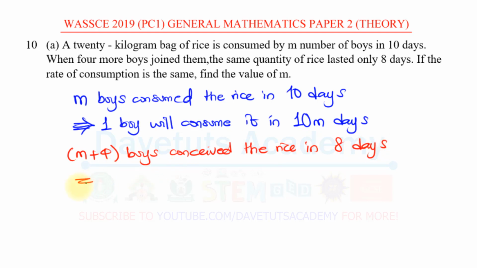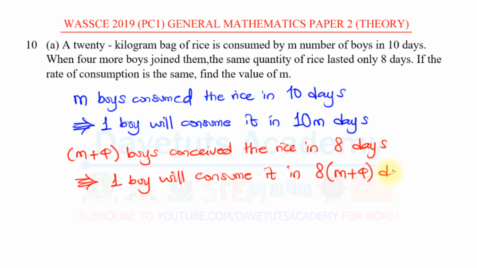And that inherently means that the 1 boy will consume it in 8 multiplied by M plus 4 days. It is this ratio of proportion that can help us to look at it together.